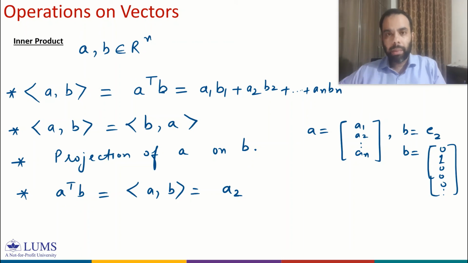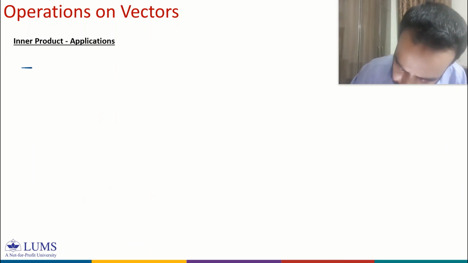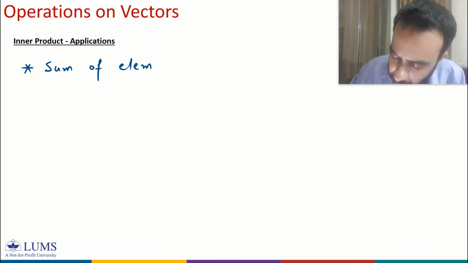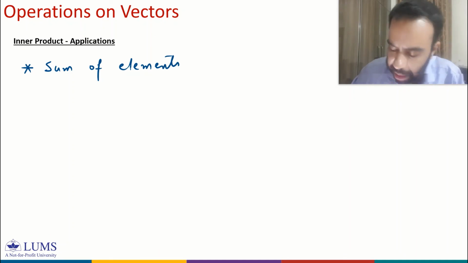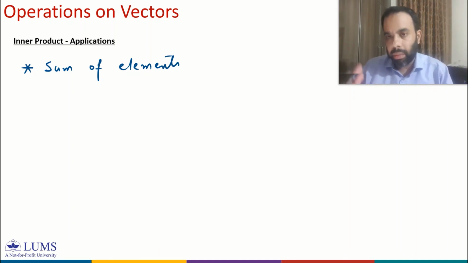There are multiple operations which you can carry out using this inner product in different applications. Let's look at a couple of them. Maybe we are interested in the sum of elements of a vector. That means you want a1 plus a2 plus a3 and so on.